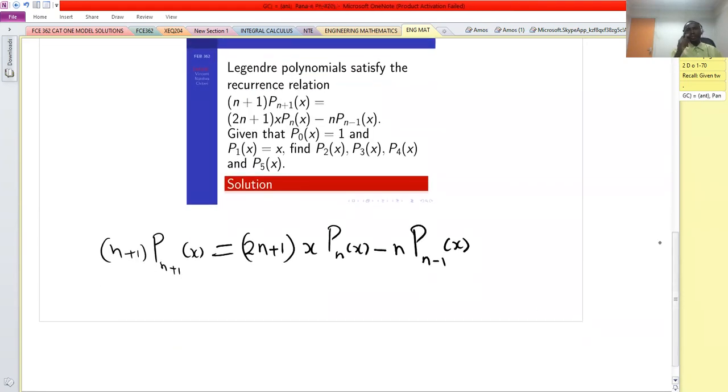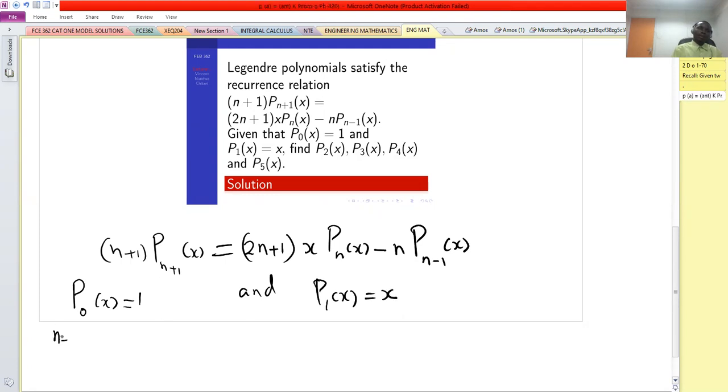So given P naught equals 1 and P1 equals x, find P2, P3, P4, and P5. Good. So we know that P naught of x is 1 and P1 of x is x.